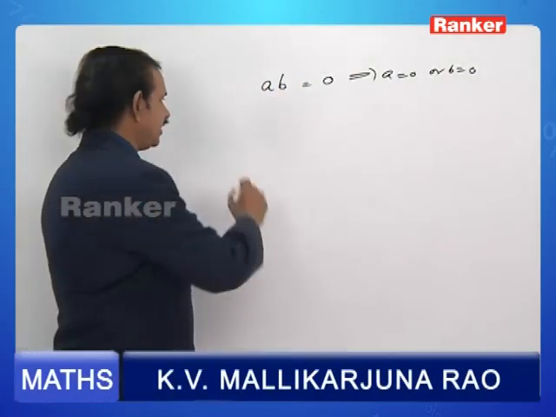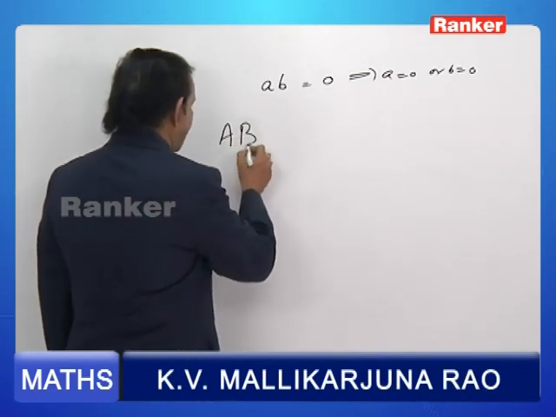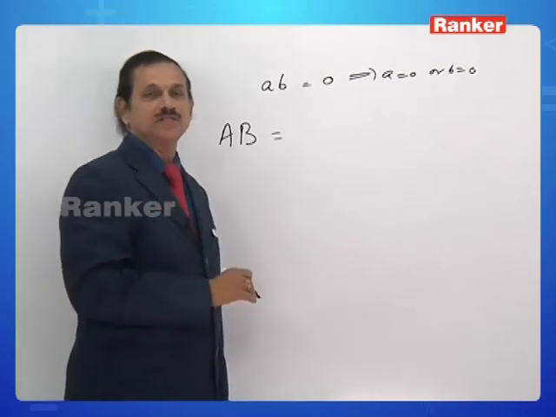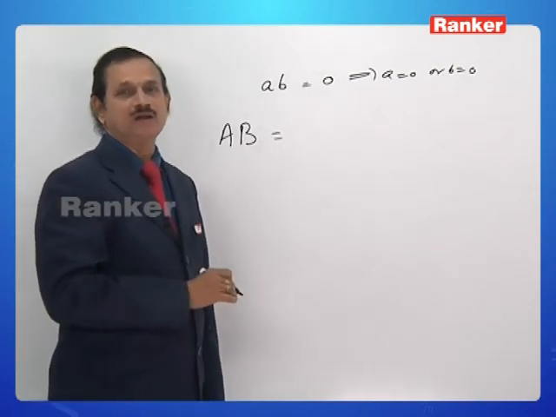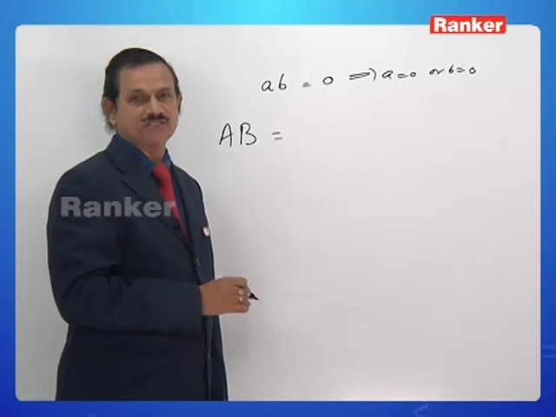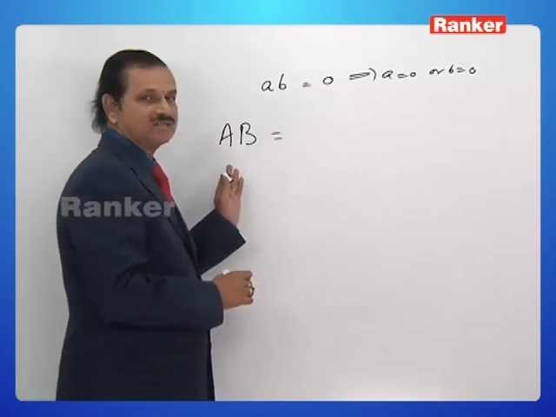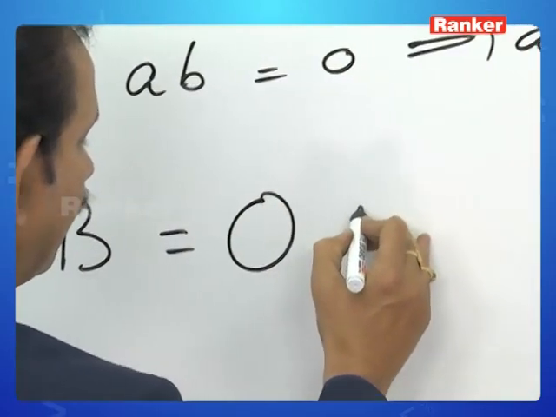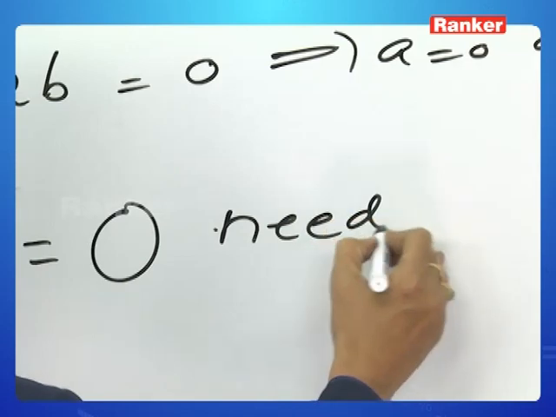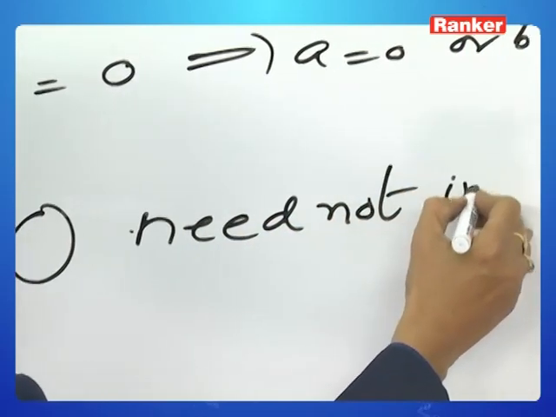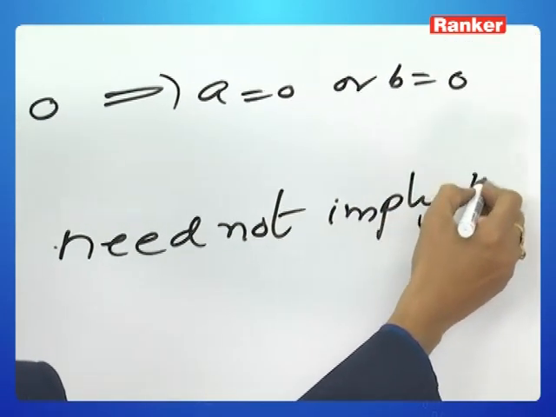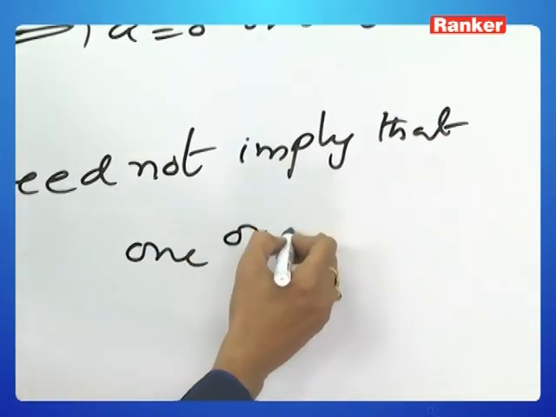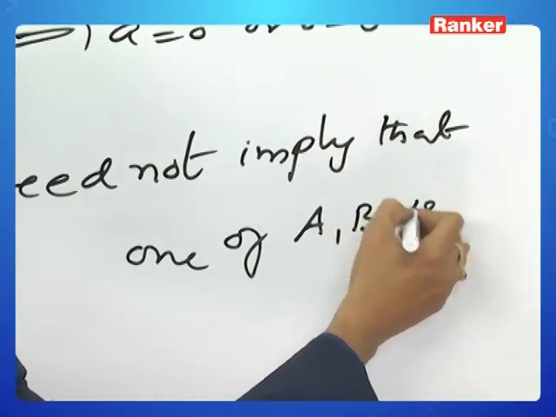But of course, in the case of matrices, if A and B are two matrices such that AB is defined, that is A and B are conformable for multiplication, that is number of columns in A is equal to number of rows in B, AB is equal to 0 need not imply that one of A, B is 0.